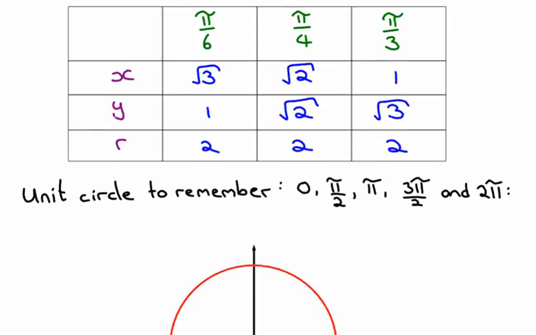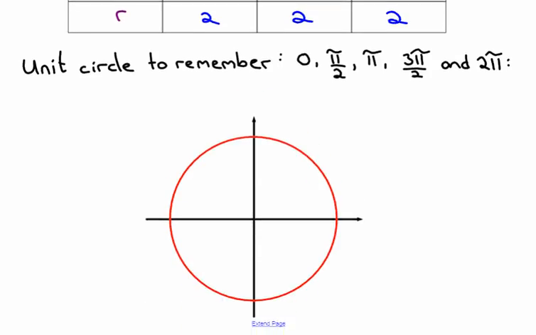Now to remember the angles that lie outside of a right angle triangle, for example, we are going to have a look at 0 and 2 pi. Then we're going to have a look at pi over 2. We're going to have a look at pi.